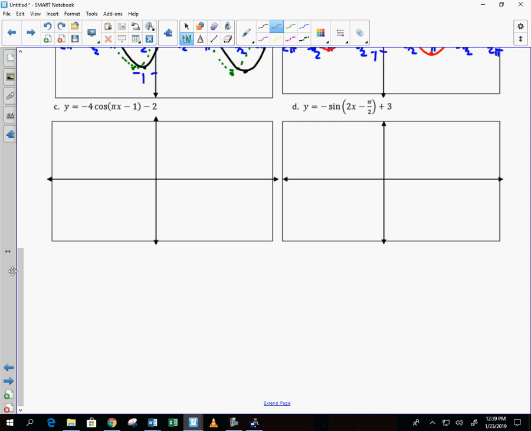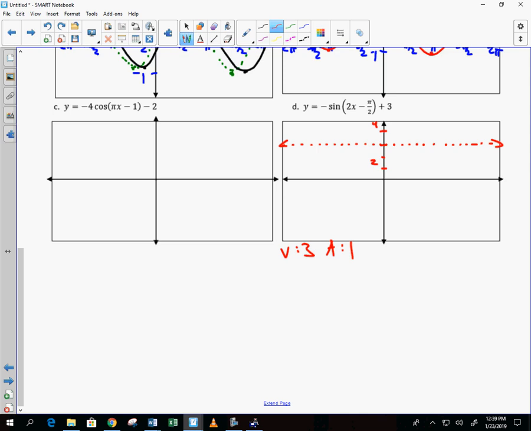Y equals negative sine of 2x minus pi over 2 plus 3. You tell me where to start. You own the problem, not me. Good. Vertical shift of 3. Good. So what does that tell me? Good. Got my vertical structure set up.